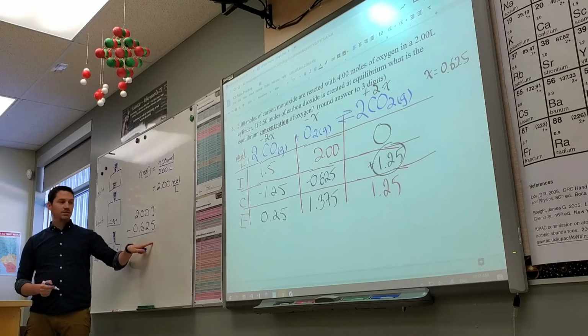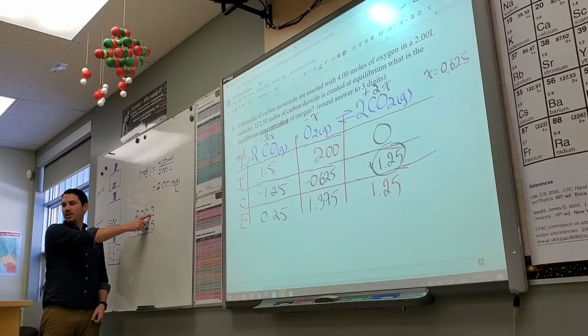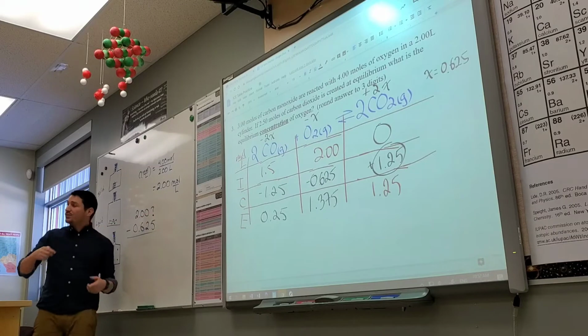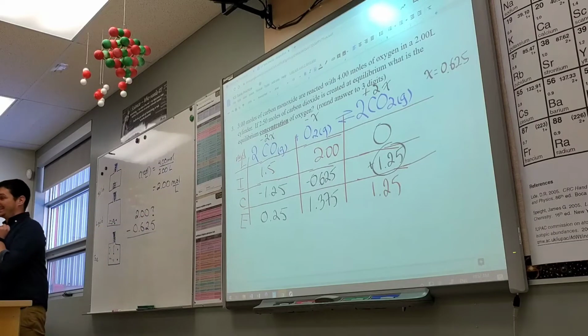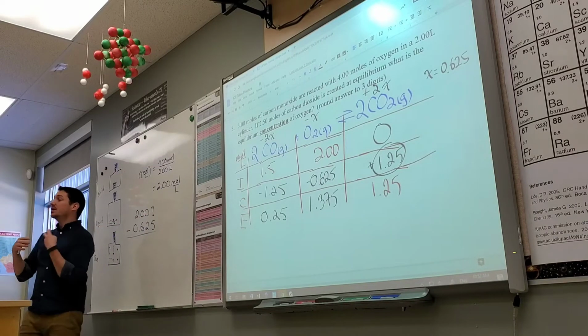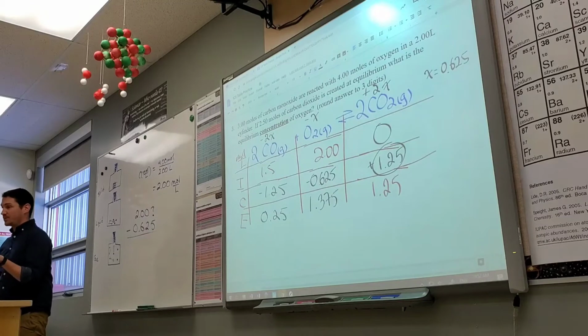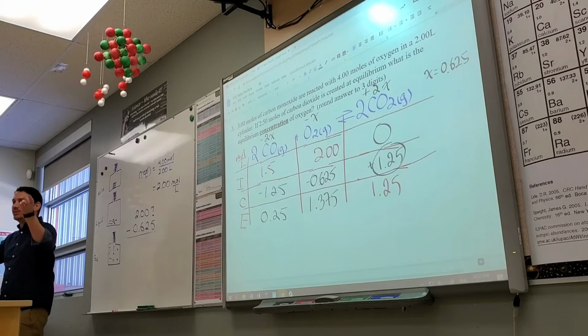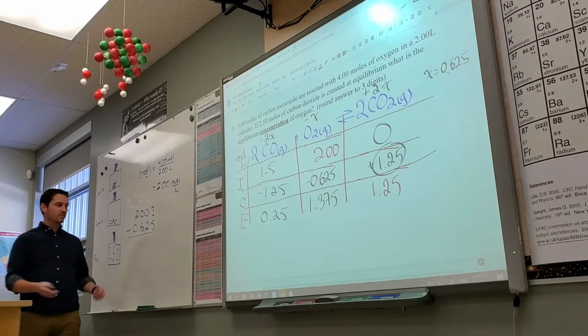No. You have absolutely no idea what that number is, would you agree? It doesn't give you a value here. What do we kind of assume it to be? 0. We assume it to be 0 because there's no other option. We can't assume it to be 9. That would be ludicrous, right? So we assume it to be 0.